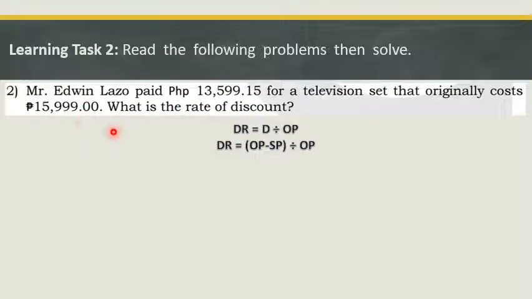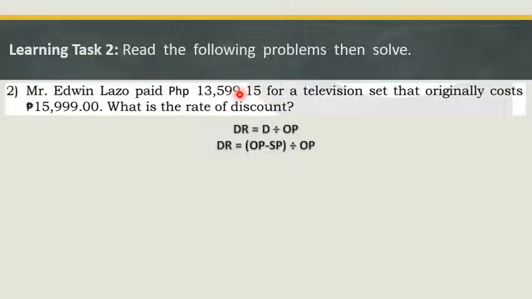So, number 2, Mr. Edwin Lasso paid 13,599 pesos and 15 centavos for a television set that originally cost 15,999 pesos. What is the rate of discount? So, ang formula talaga sa discount rate is D divided by OP. Since wala tayong discount dito, kunin muna natin yung discount.